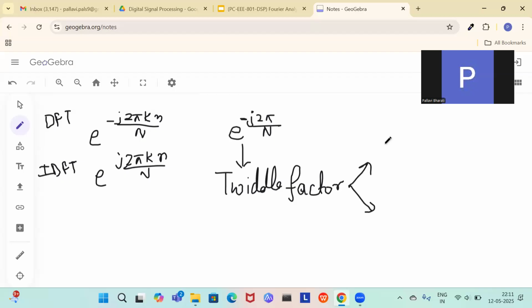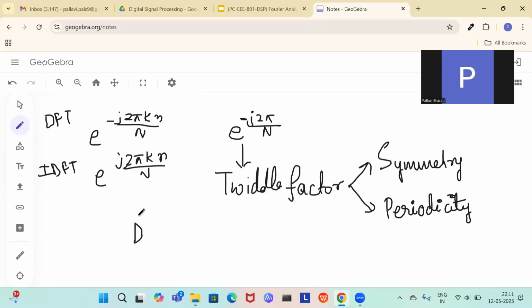One is the symmetry property, and the other one is the periodicity property. But these two properties are not utilized in finding the DFT. For finding the DFT, we don't utilize the symmetry and periodicity property of the twiddle factor.